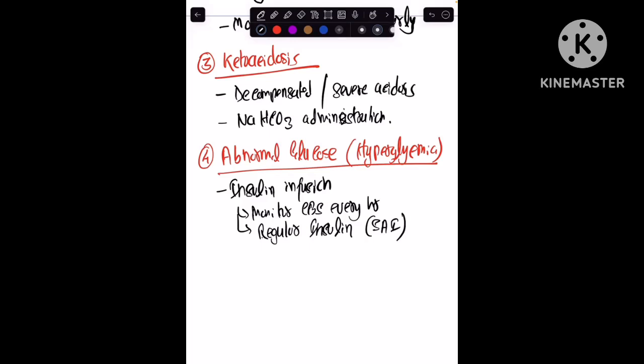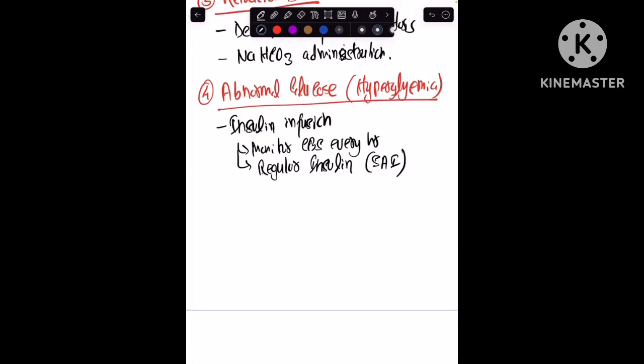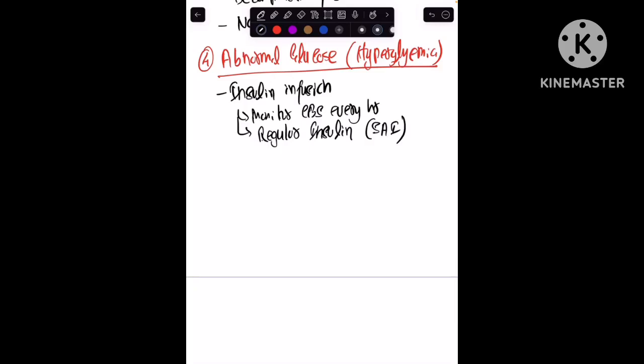Now, for your knowledge, in the standard vials that we get in our wards and ICU, these insulin bottles come in a standard concentration of 1 ml equals 40 units of insulin.